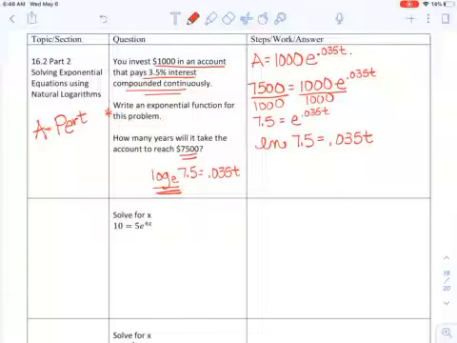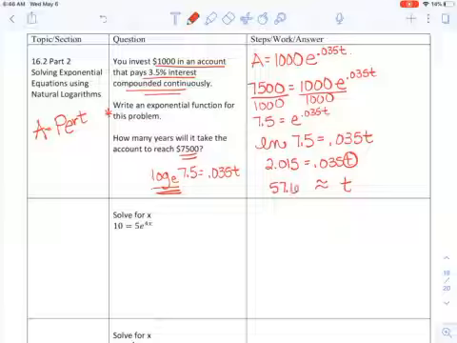Well, the natural log of 7.5 is a number that you can find on your calculator. And so if you plug that in, that is roughly 2.015. And so then how do you get t all by itself? You're going to divide by 0.035. And you should discover that t is about 57.6.